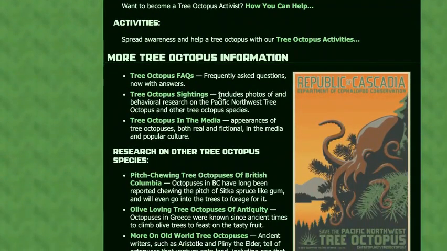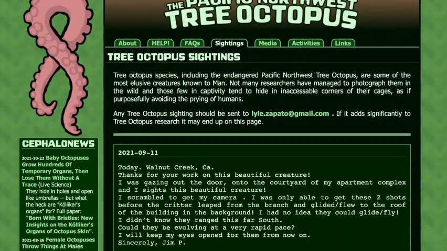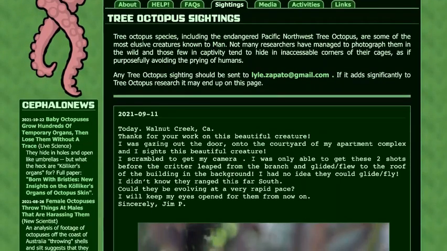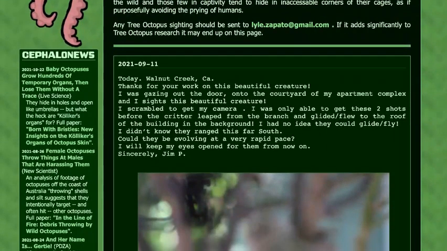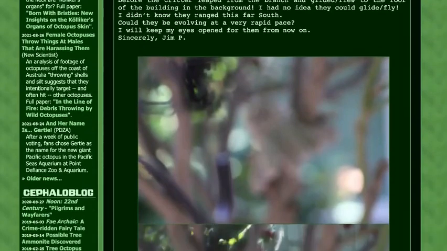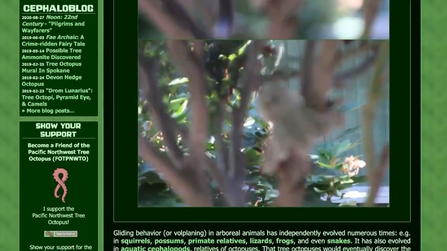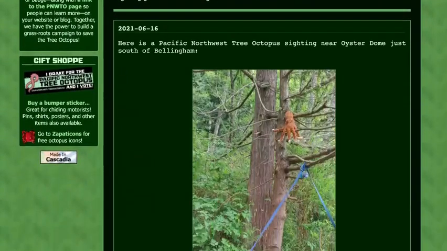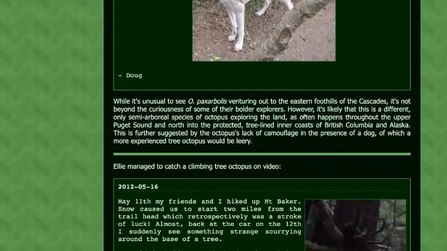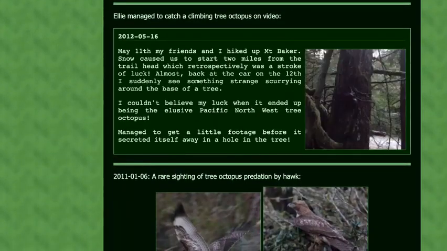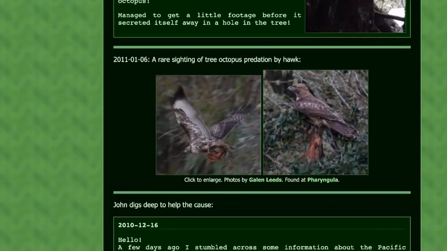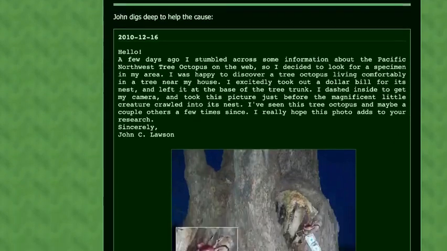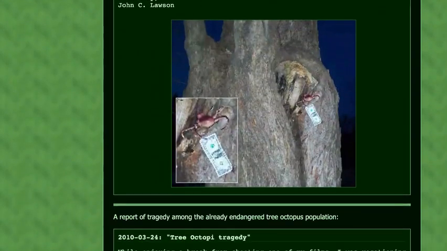FAQs, sightings. Maybe we should check out some sightings. Well, not the greatest pictures here. There's one. Here's kind of one with like a Blair Witchy feel. Here's maybe a bird with one. Holding money.